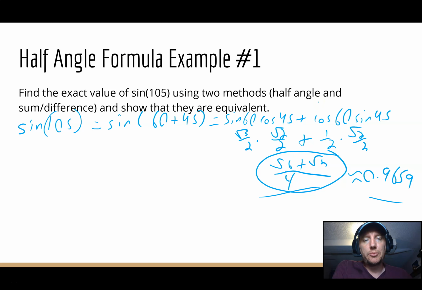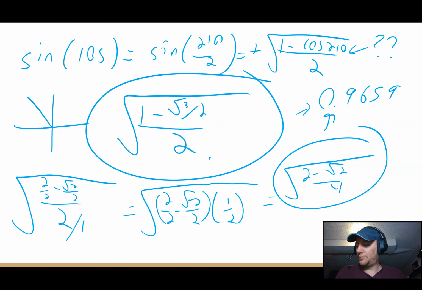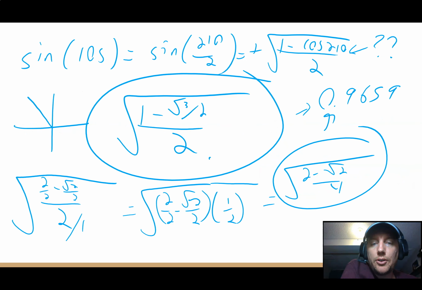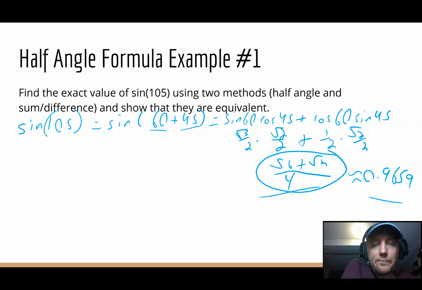Hold on, let me double check something. Cosine 60 plus 45. Okay. Sorry, I just messed up how I typed in the calculator for a second. We're all good. So, going back to this problem, 1 minus cosine, the double angle, essentially, divided by 2, and then you go. Let's try another one.